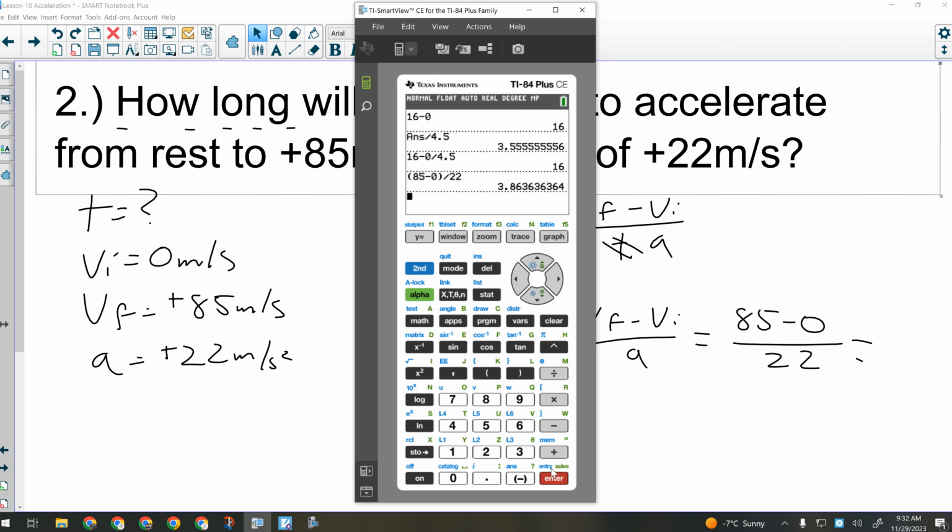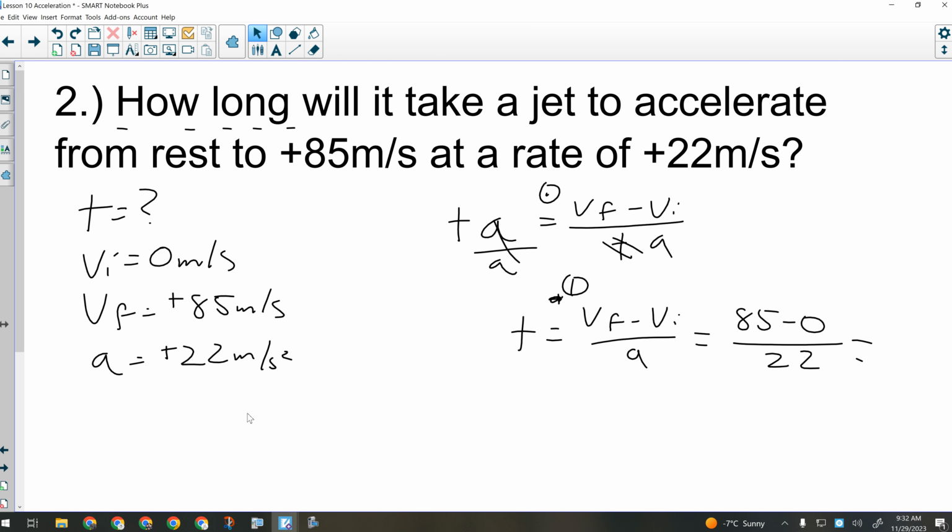So I'm getting that this will take 3.9 seconds. Why am I not putting a vector on that? Because we don't know the direction. Well, it said the direction was positive. Time isn't a vector, right? Time is a scalar. Making sense so far?